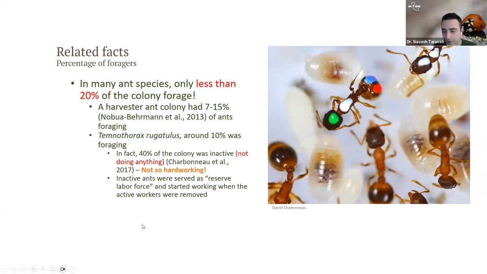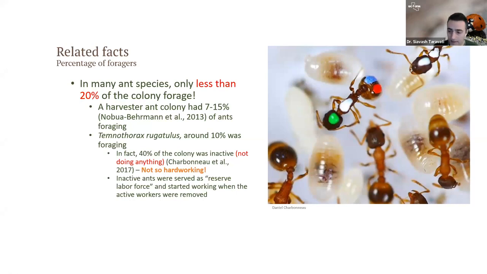So after studying that, they realized that these inactive ants serve as a reserve labor force. They intentionally removed some of the active foragers, more and more, to see what happens. And what they saw was that these inactive idle workers all of a sudden became recruited.